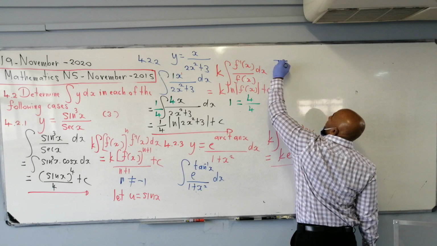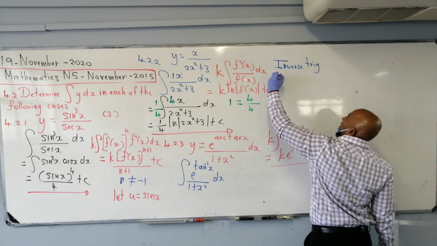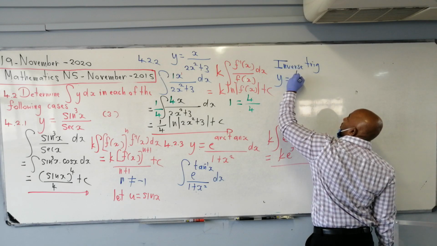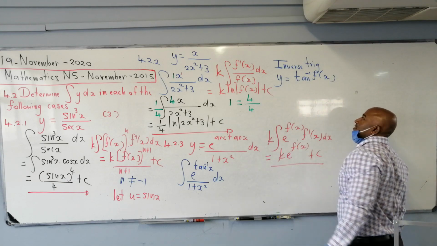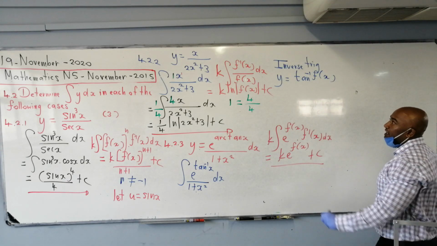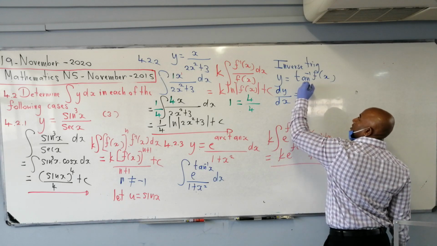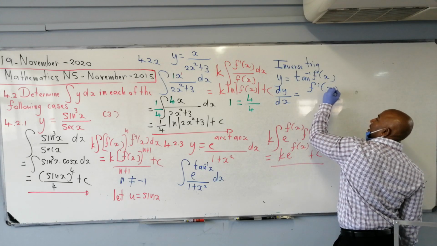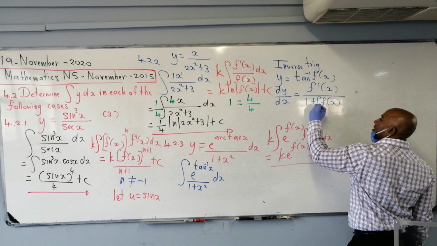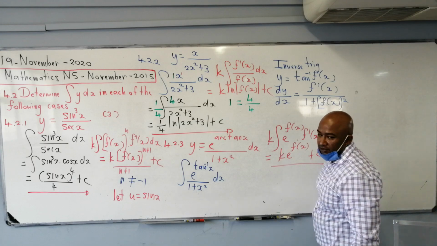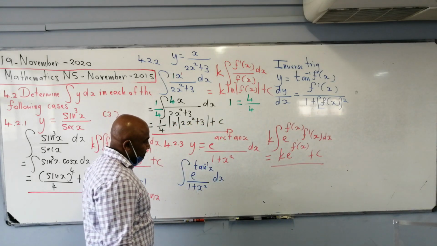So your inverse trig function, if y is equal to inverse tan of f of x, your differentiation is very important here. And dy over dx, the derivative, is going to be f prime x all divided by 1 plus f of x all squared. It's on your formula sheet. But now, let's see.